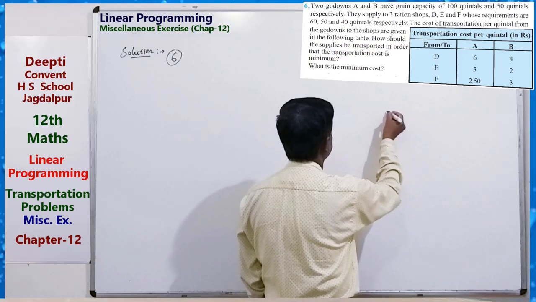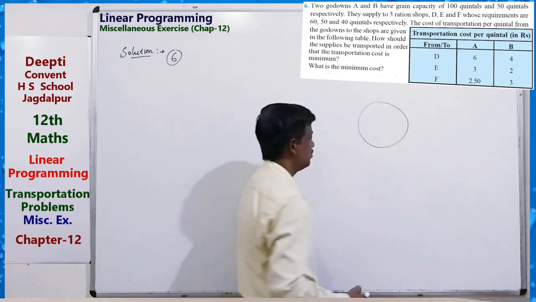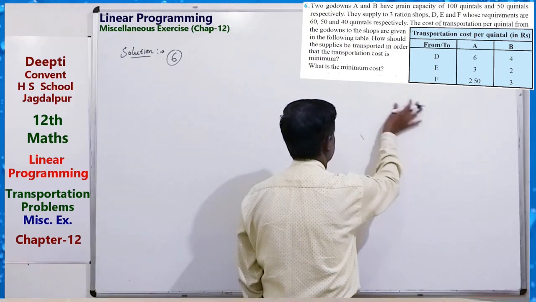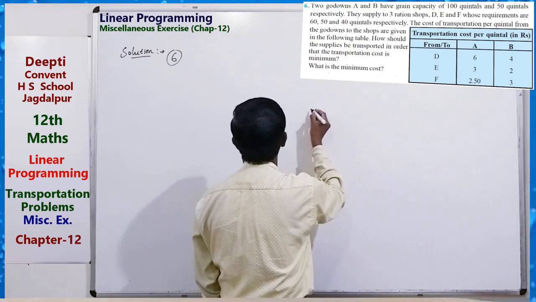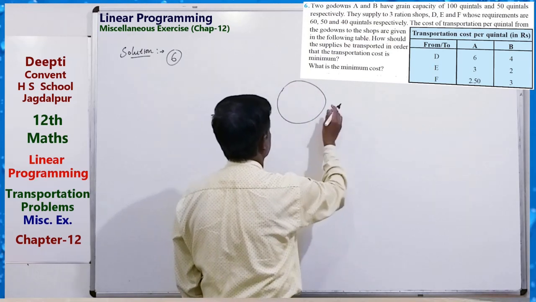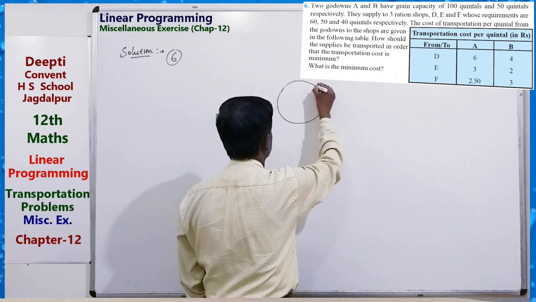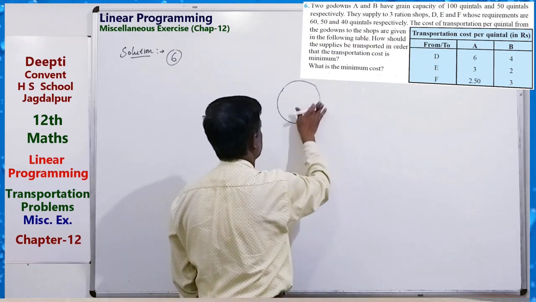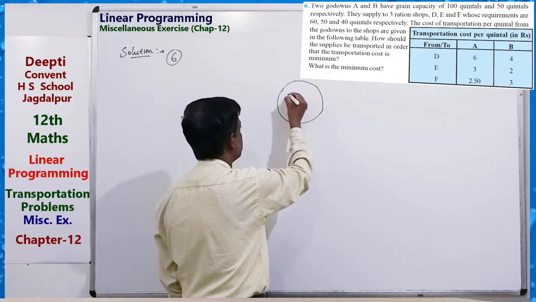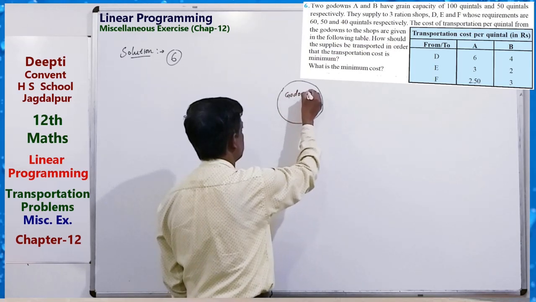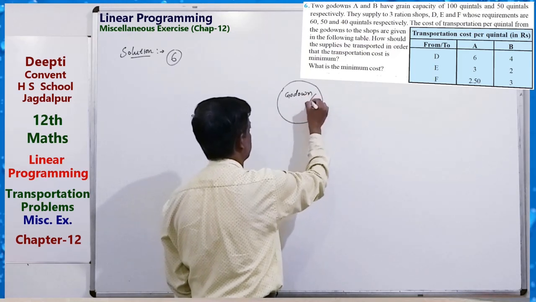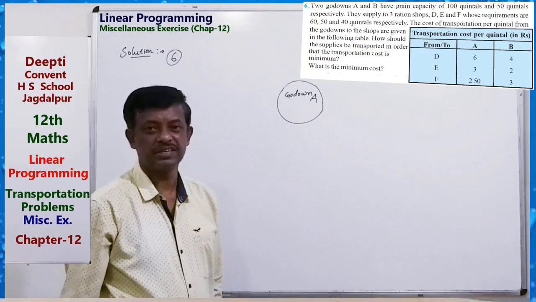Suppose this is godown A, capacity 100 quintals.